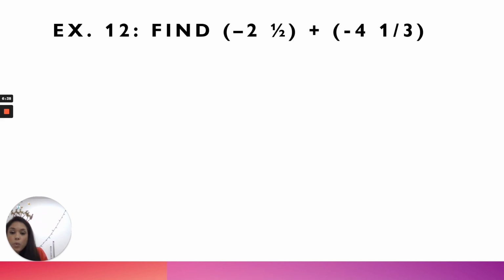Next, example 12. We want to find -2 1/2 plus -4 1/3. First, notice we are working with the same signs. Okay?